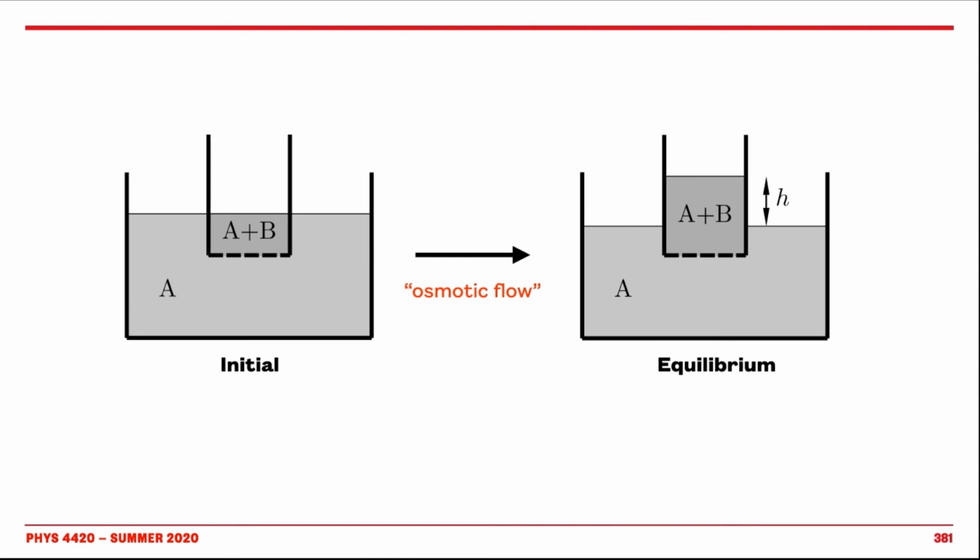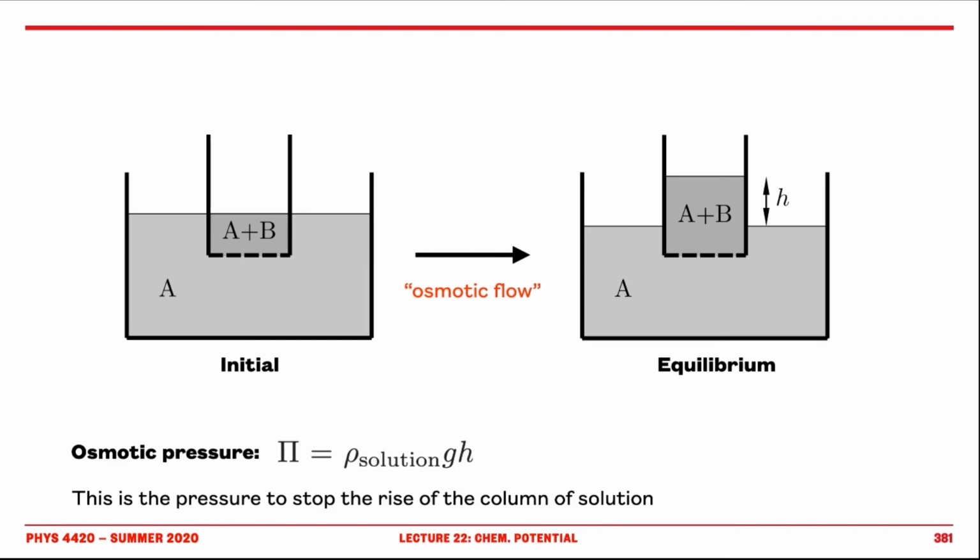And this is due to an osmotic flow. The reason why the column stops there is because there is an osmotic pressure Π, and we will spend quite a bit of time calculating it. It is just the usual pressure that we know, ρgh, with ρ being the density of the solution, and it's basically the pressure that we have to apply from the top to stop the rise of the column of the solution.